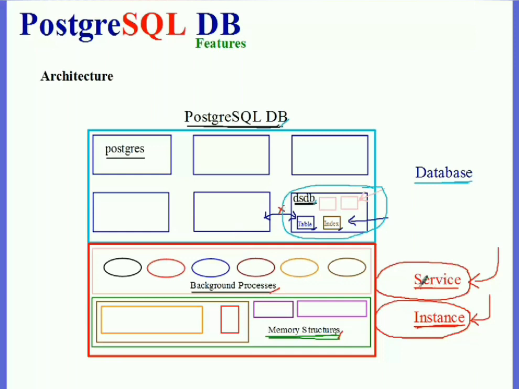When you go for a service, you don't get flexibility to tune individual components of the service like memory or processes. But here, as we are going to use them as an instance, we'll have flexibility to take care of individual components also, be it the different types of memory structures available, which we will discuss in a detailed way in architecture. So database-wise, the uniqueness is the self-contained database.